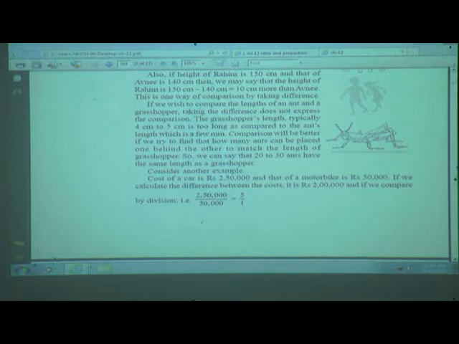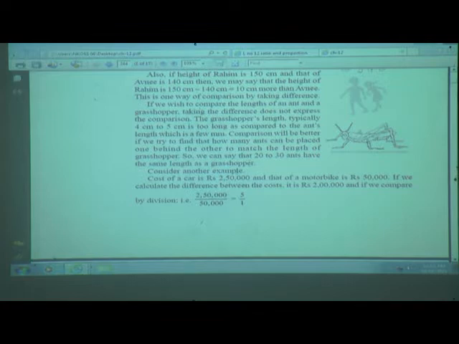See, here the grasshopper is placed and one after the other the ants are placed in a line. So we can say that 20 to 30 ants have the same length as a grasshopper.